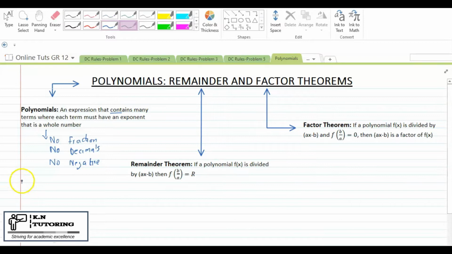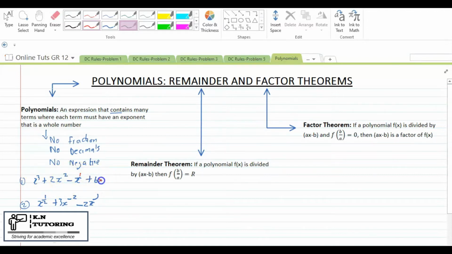Let's look at an example. Let's look at x cubed plus 2x squared minus x plus 6, and x to the exponent half plus 3x to the minus 2 minus 2x minus 1. From these two expressions, you can see that this one is made out of different terms separated by a plus and minus, and you can see that these exponents are whole numbers.